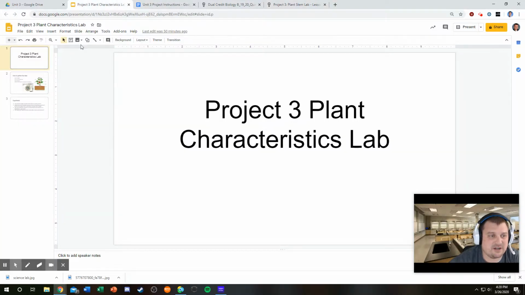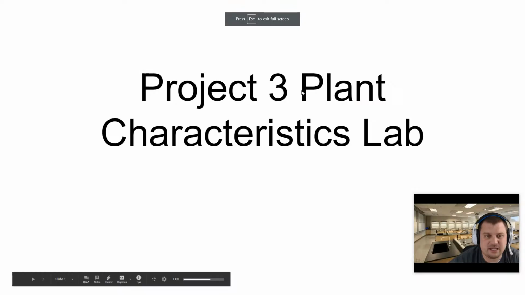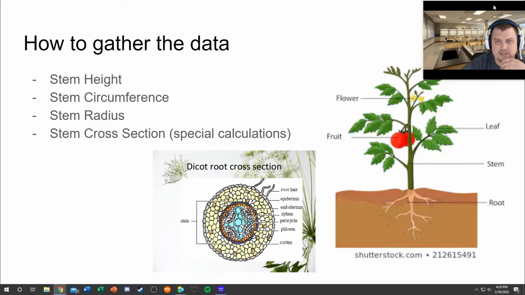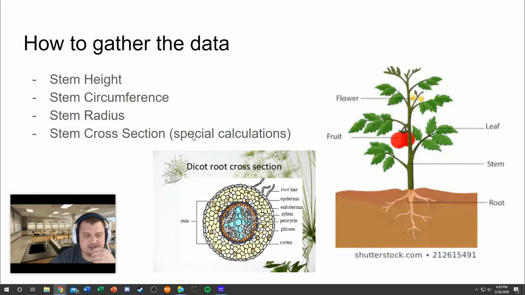Now to get this started, I wanted to quickly go over some key things. First of all, you're going to need to gather data on several different plants, a total of 3.